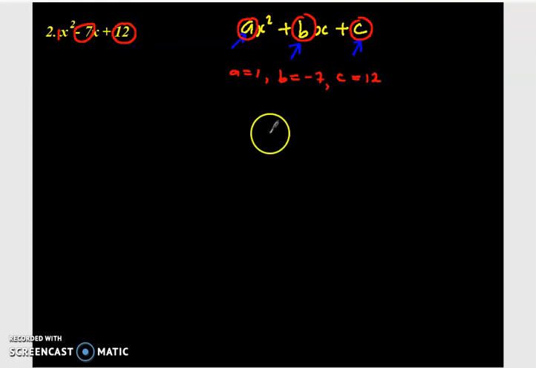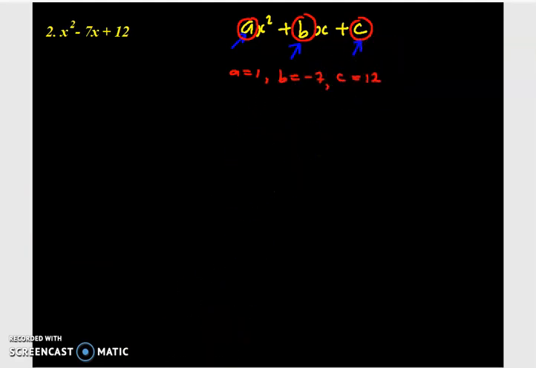So I just want you to see how the different numbers in the expressions are related to the general form. Alright, got that out of the way. Now let's move on to how we would go about factorizing this quadratic expression.